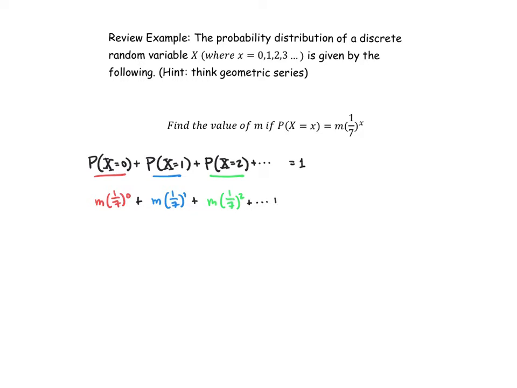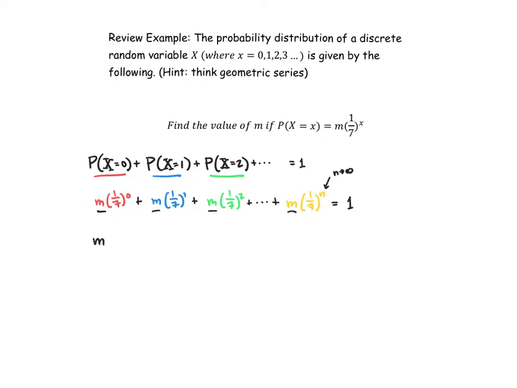If we went up to the nth power, that would be m times 1/7 to the nth power. And of course, the sum of these, we're going to send n to infinity. So n will go to infinity since we don't know the number of possible outcomes. Okay, so I'm going to factor out an m, because that's what I'm seeking, right?